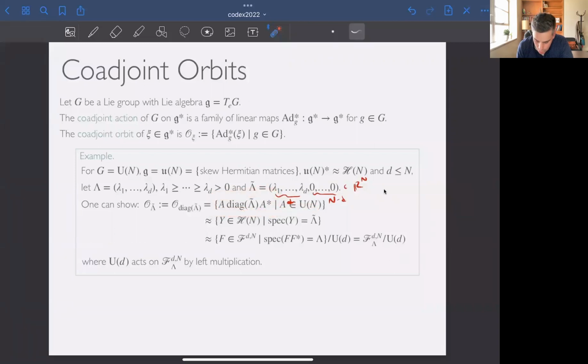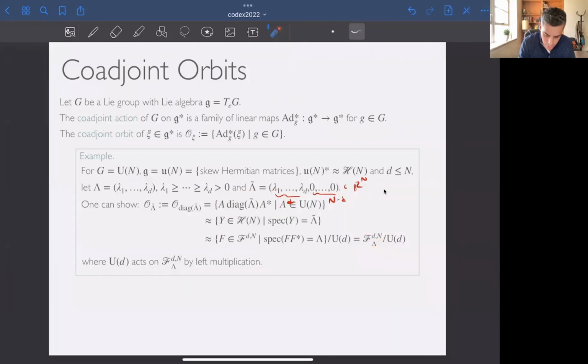And then you can show through basic linear algebra that this is, in the end, the same thing as the space of frames with prescribed spectrum lambda, the one that I started with, except it's up to UD. I can only pin down this equivalence up to UD orbits, where UD is acting on the space of frames by left multiplication.